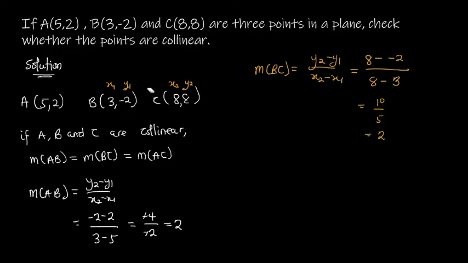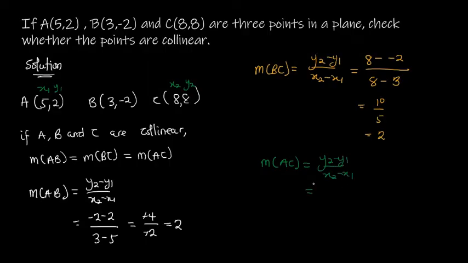Alright, so let's go ahead and calculate the gradient of the last set of points, that is A and C, to see if we'll get the same result. So the gradient of the points AC is equal to, for AC, my A becomes my first point, so I have x1, y1, and then x2, y2. Alright, so I can go ahead and quote my slope or gradient formula, which is y2 minus y1 on x2 minus x1.